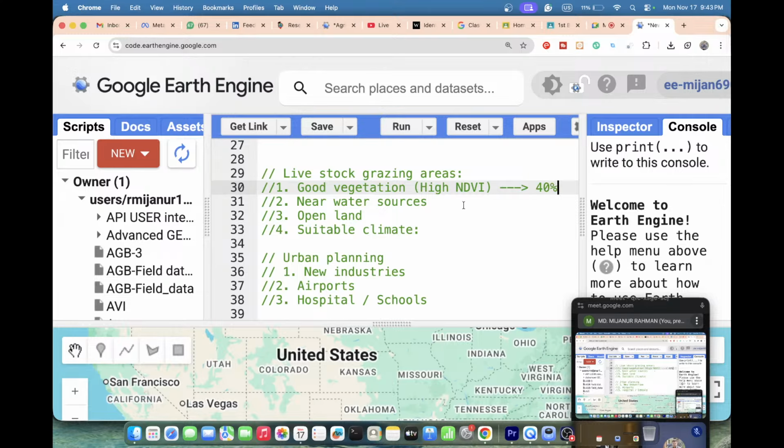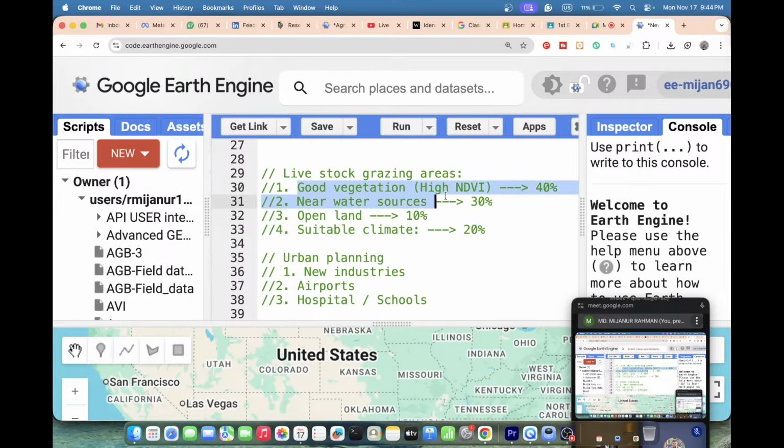I simply put, then suppose I put here 30%. Then I put suppose 20% or 10%, and then suitability climate I put suppose 20%. Okay, so we find out the total 100%. So we simply set the weight.